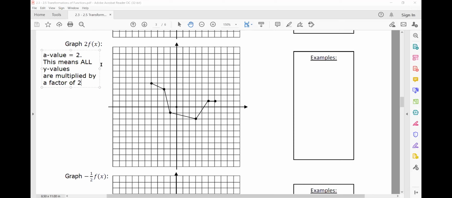All Y values are multiplied by a factor of 2. Everything that this f of x gives me, whatever the answer f of x is, in other words, whatever the Y value is, it's going to be multiplied by a 2 afterwards. So visually speaking, let's see how that changes.